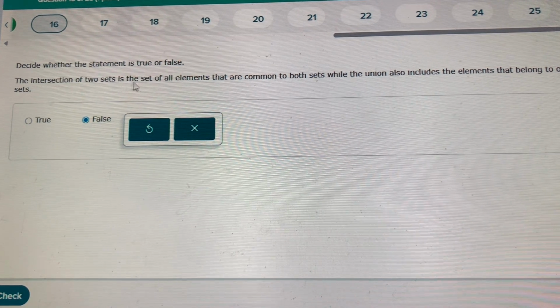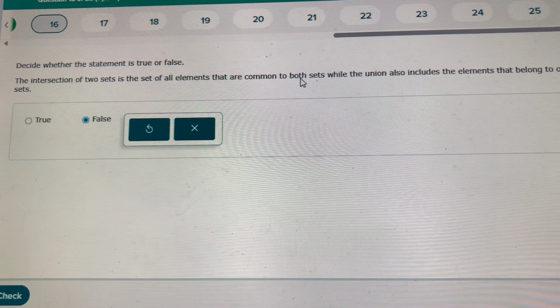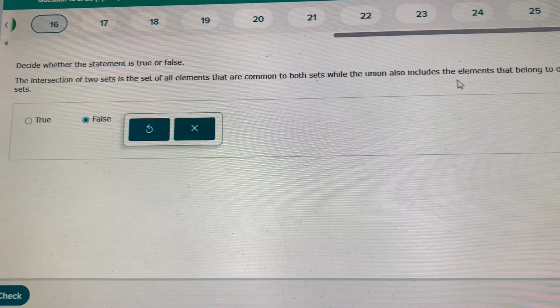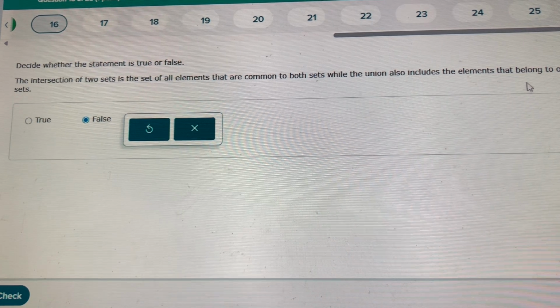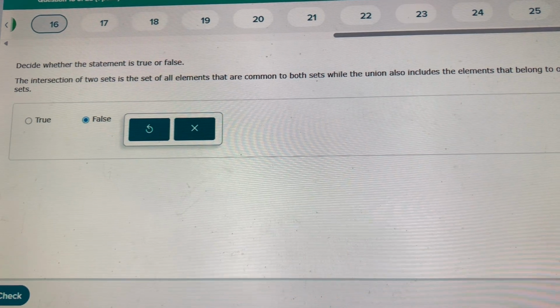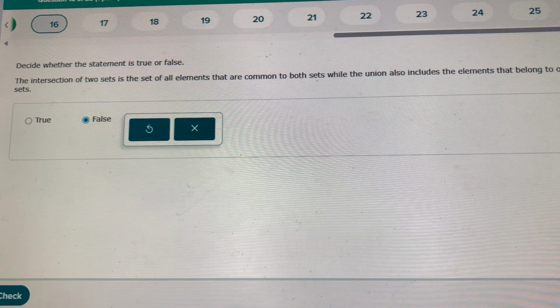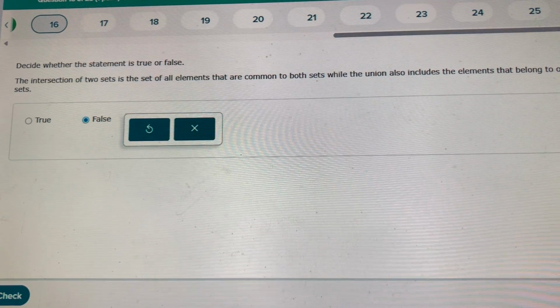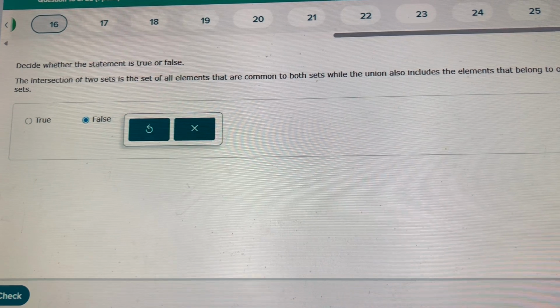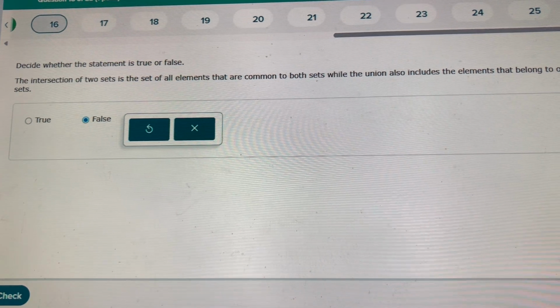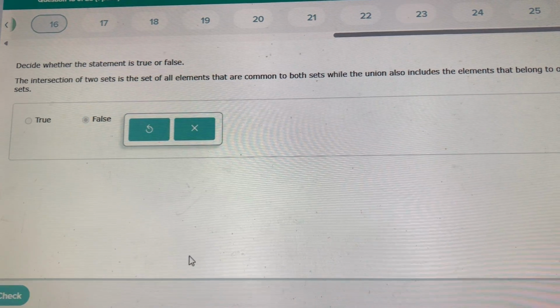The intersection of two sets is a set of elements that are common to both, but the union is all the elements that belong to one set or the other or both. So they messed this up by saying it's only one of the two sets. That's definitely not true. Now, when I do unions, I actually write down all the answers from one of them, but that's not the full answer. Then you go to the other one and grab anything you don't have yet. So this is false.